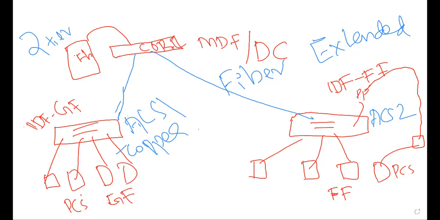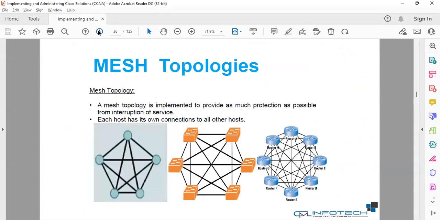Now let's think about the next topology, which is mesh topology. The mesh topology, which we consider in ISPs, is like end-to-end connectivity. This enables us to communicate from one device to another with massive line connections.